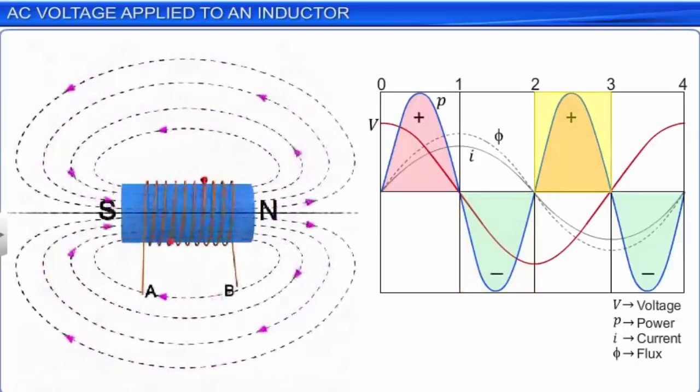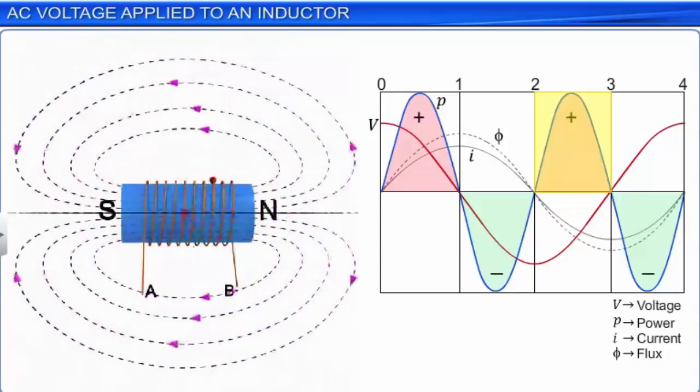During the third time interval 2-3, the values of both current and voltage are negative. Since the current has become negative in this interval, the flux passing through the coils changes, setting up a reverse magnetic field as shown in the figure. In this case, the current enters the inductor coil at B and leaves at A. As the current and voltage are both negative, it means the power is positive.